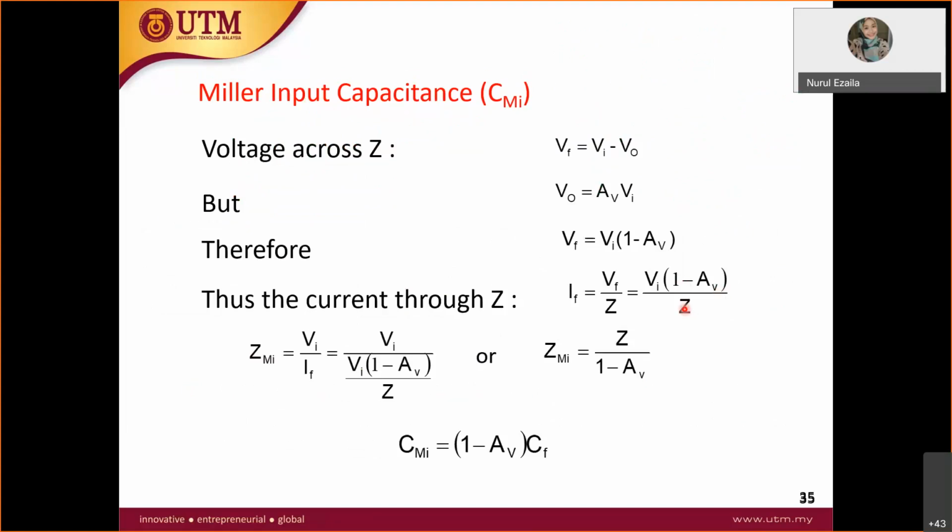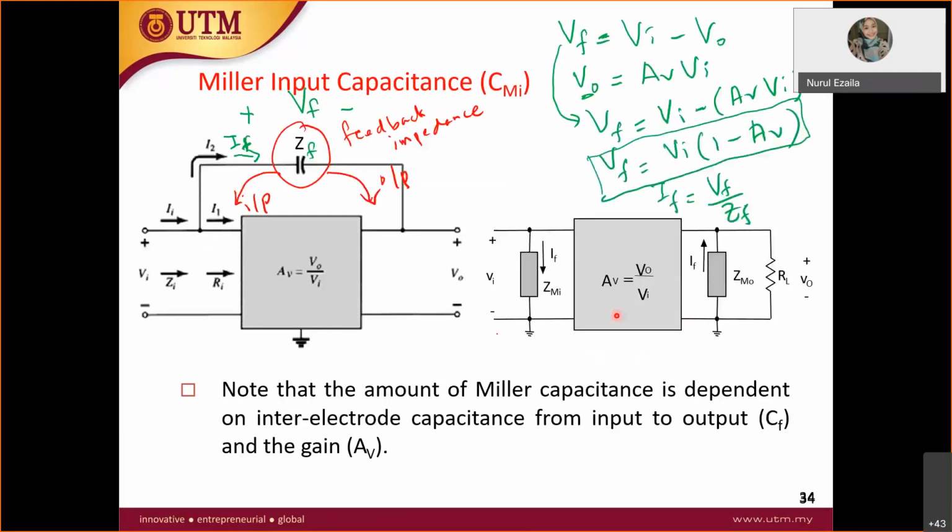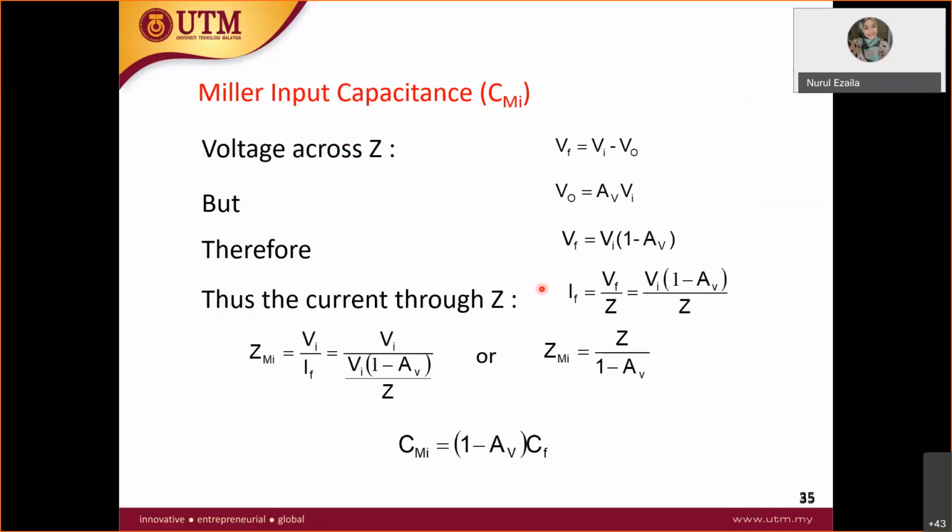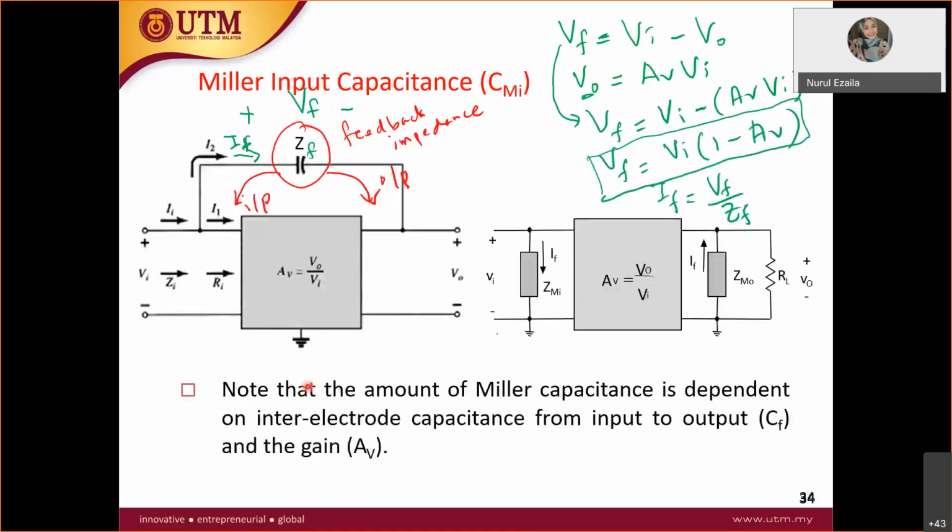Now we want to find ZM in, the total Miller impedance at the input, and the total Miller impedance at the output. Total Miller impedance at the input will be equal to V in over IF, because it is at the input, so the voltage across at the input is V in.